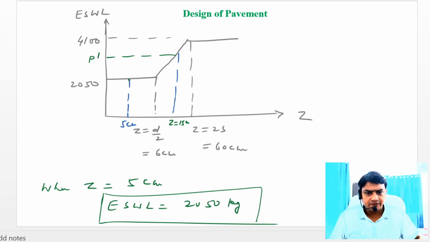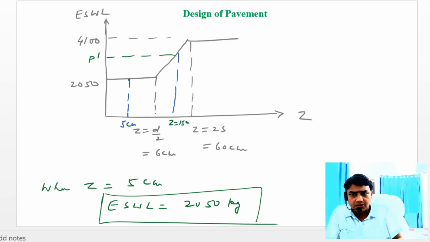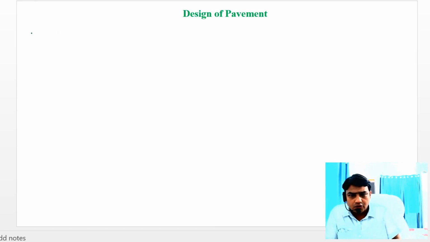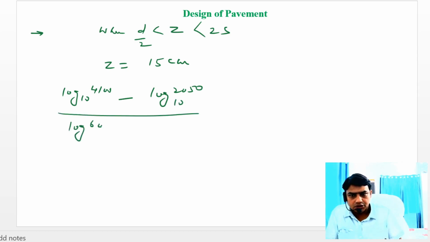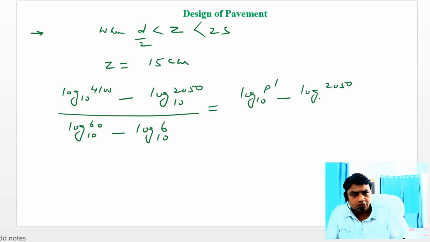When the thickness is 15 centimeter, it is the case when Z is in between D by 2 to 2S, so it can be computed as: log 4100 minus log 2050 to the base 10, divided by log 60 to the base 10 minus log 6 to the base 10, that is equal to log P dash minus log 2050 to the base 10, divided by log 15 to the base 10 minus log 6 to the base 10.